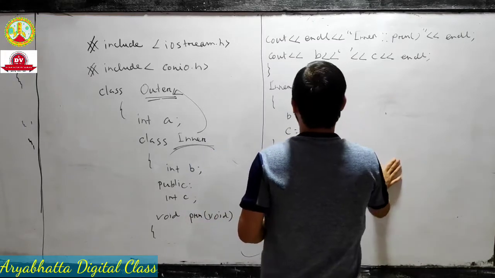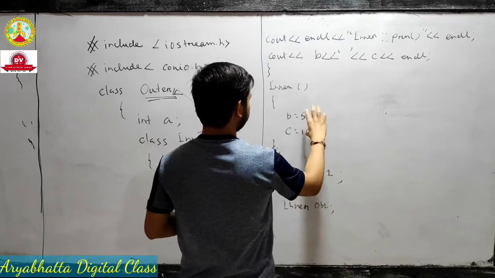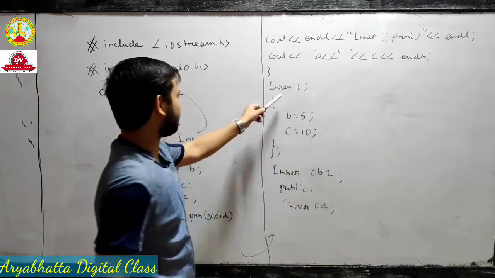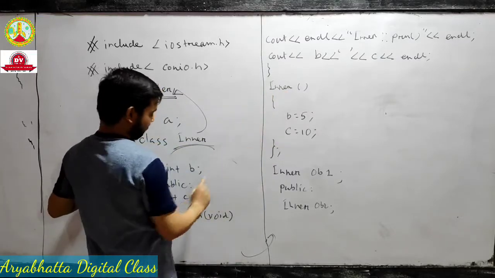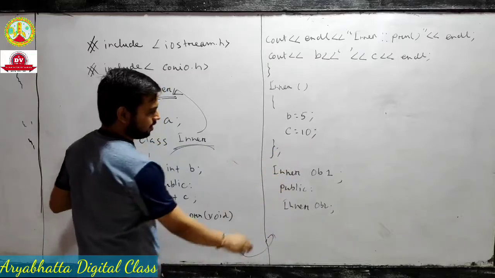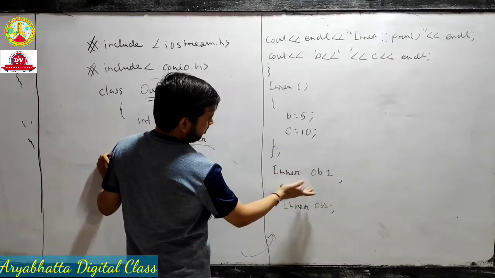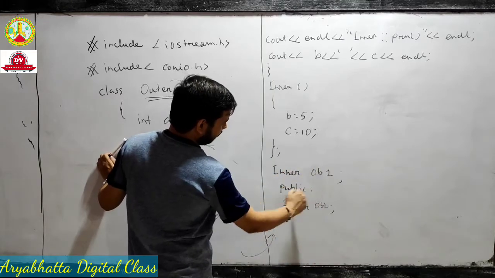Okay, and the inner member function has two arguments. Means this is the inner class. This class name is used by one function, and the b value we take as 5, the c value we take as 10. Okay, and these are the objects. For the inner class, two objects are declared, object 1 and object 2.